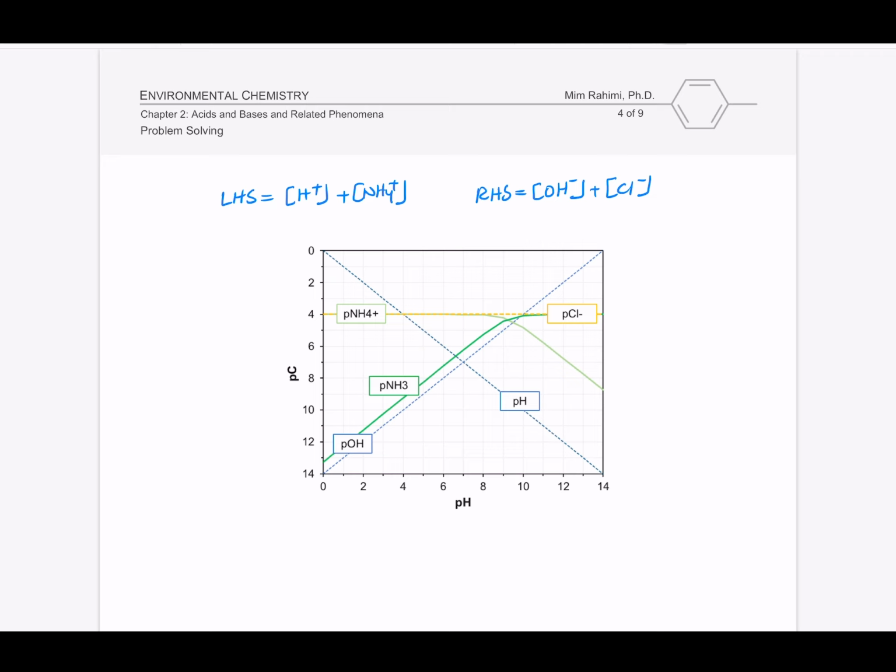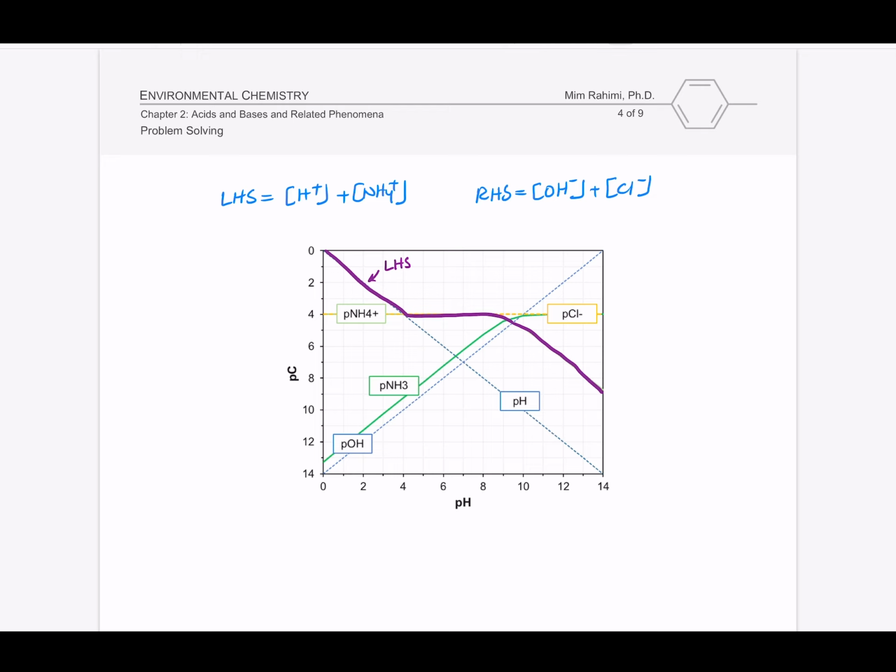So when we start from the left, the H plus values are bigger. And then at this point, ammonium is bigger, and it continues to here, where ammonium would be the bigger value. So this would be our left-hand side graph.